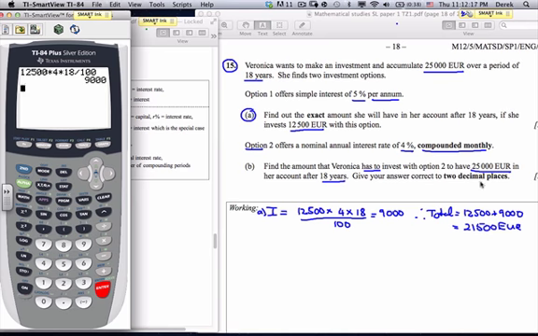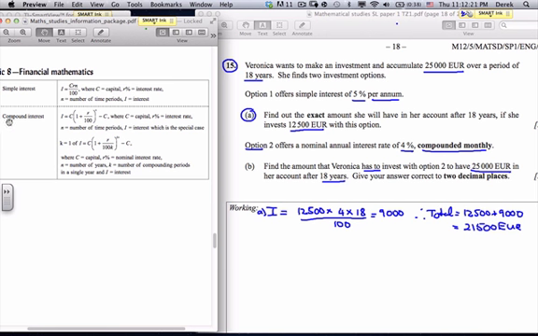Give your answer correct to 2 decimal places. So now with this one, we're actually going to have to use this formula over here. Now this over here gives the interest. Now the amount that we need is the final amount that she's going to actually use.